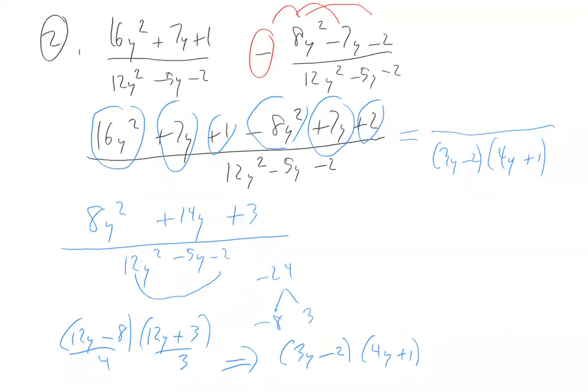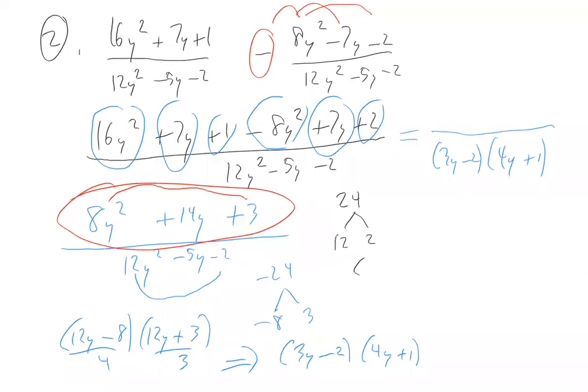Then I also need to factor the top of it, this part. So I'm going to do 8 times 3, because there's no common factor, that's 24. Now I need to break 24 down into numbers that add up to make 14, which would be 12 times 2. So I'll put 2 parentheses, the plus 12 and the plus 2 go at the end, and then I'll have the 8y and the 8y at the beginning.